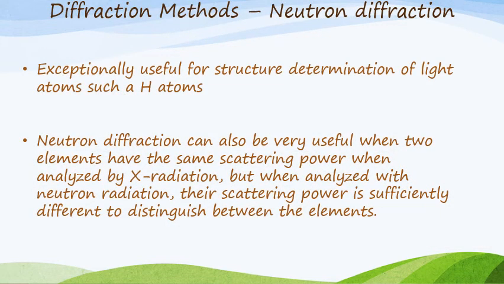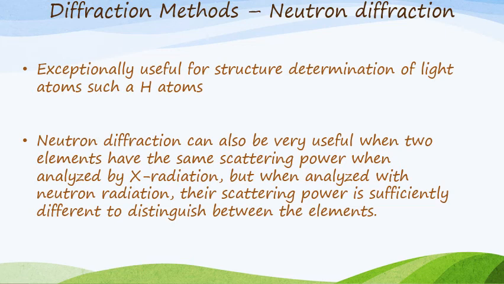With the diffraction methods, we can use neutron diffraction because this is a very useful tool for the structure determination of light atoms such as hydrogen atoms. Hydrogen atoms don't scatter X-rays very well, but they do scatter neutron radiation very well. Neutron diffraction can also be very useful when two elements have the same scattering power when analyzed by X radiation.